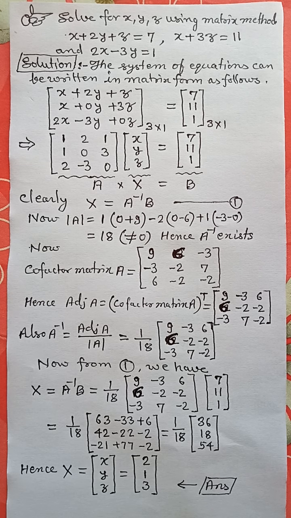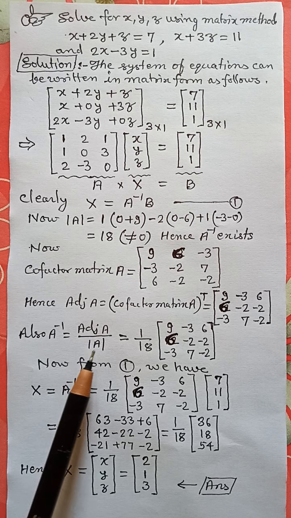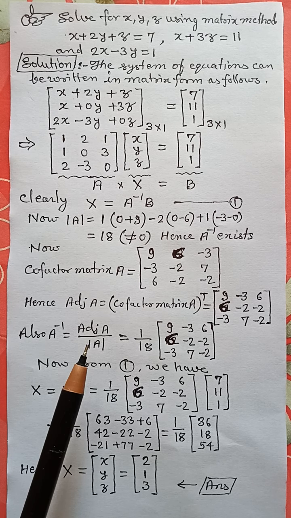Now how to find the inverse of the matrix? This is the problem before us. As we know, A inverse is nothing but adjoint A divided by determinant A. It is clear that A inverse exists provided determinant A is non-zero.